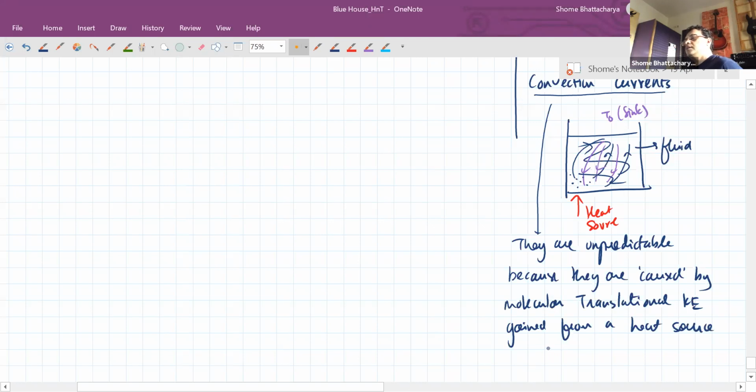And this process is a random process. So this cannot be predicted by any equations.